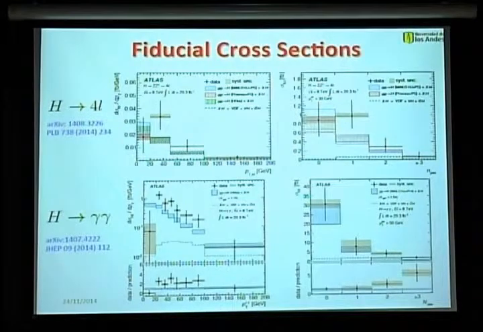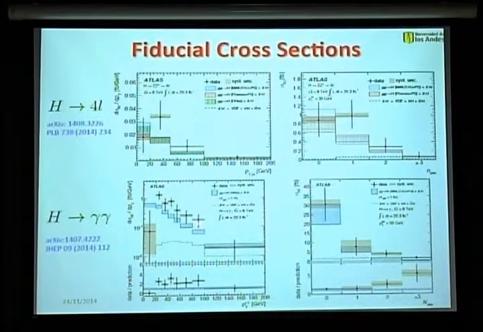Here it is important to point out that in this column we have differential cross-sections with respect to the transverse momentum of the Higgs boson, and here we have total fiducial cross-sections as a function of the number of jets that accompany the signal.